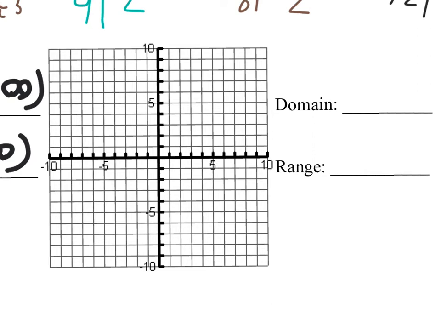Our first point is going to be 1/4 for the x and minus 2 for the y. So 1/4 and minus 2, about there. 1/2 and minus 1, about there. 1 and 0. 2 and 1. 4 and 2. So this line becomes something like this.